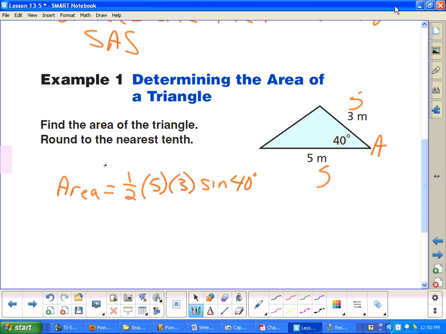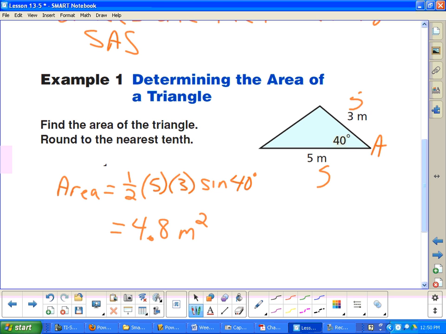Hannah? 4.8? Okay, so this is 4.8 square meters. Make sure you put units when you're doing area.